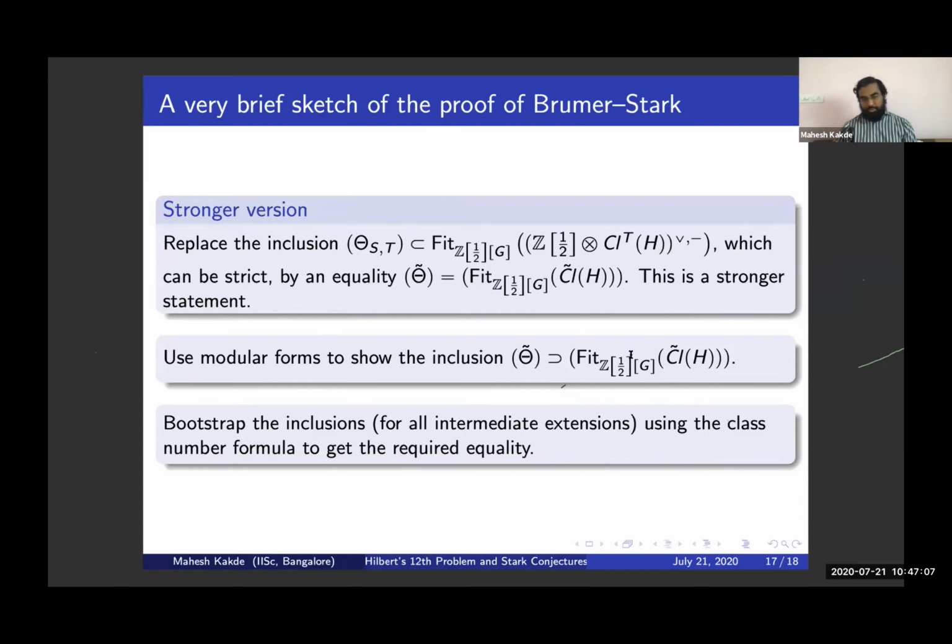Modular forms give you a way of constructing elements of the Galois cohomology. This goes back to Ribet in the 1970s when he proved the converse to Herbrand's theorem. You use congruences between Eisenstein series and cusp forms to come up with elements in the Galois cohomology group.